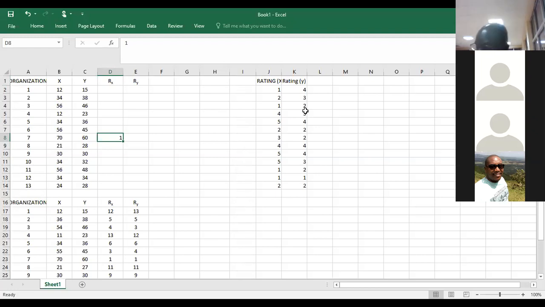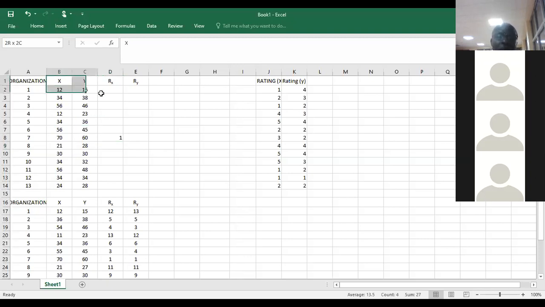Anyway, any other point of view? 2, 2, 2. Then we skip 3, 4, and then we go to 5. So this is the bottom line.